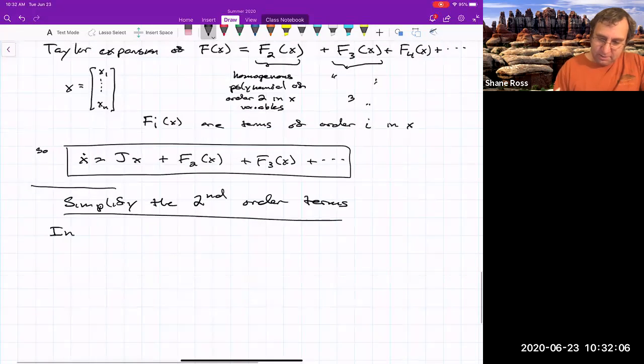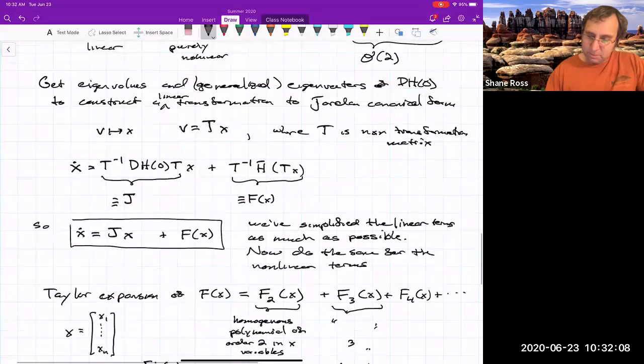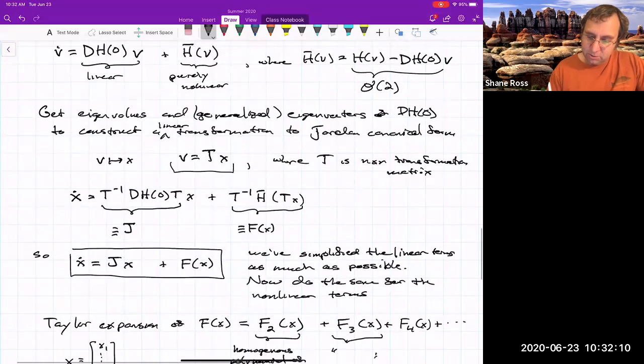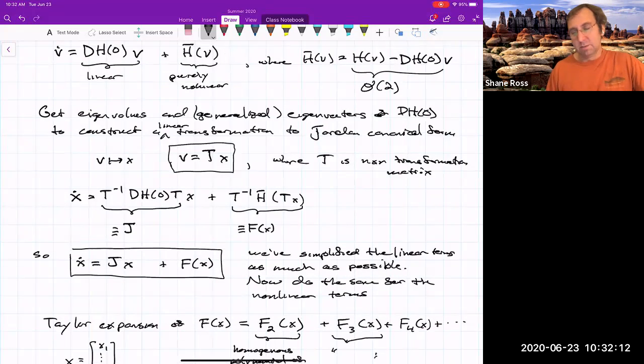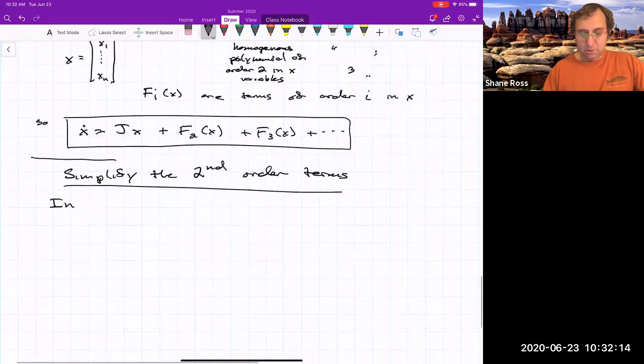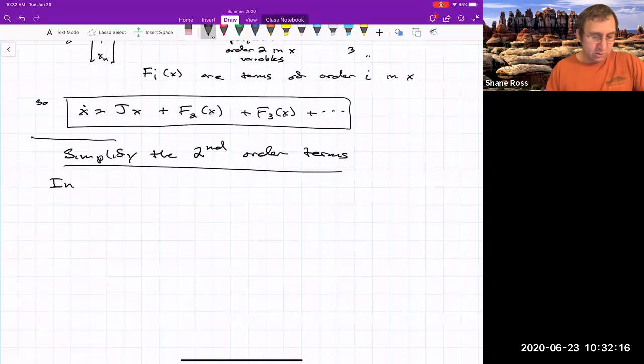And we'll do that. So up above, what did we do to simplify the linear terms? We introduced a linear transformation. Now we're going to introduce a coordinate transformation to simplify the second order terms.